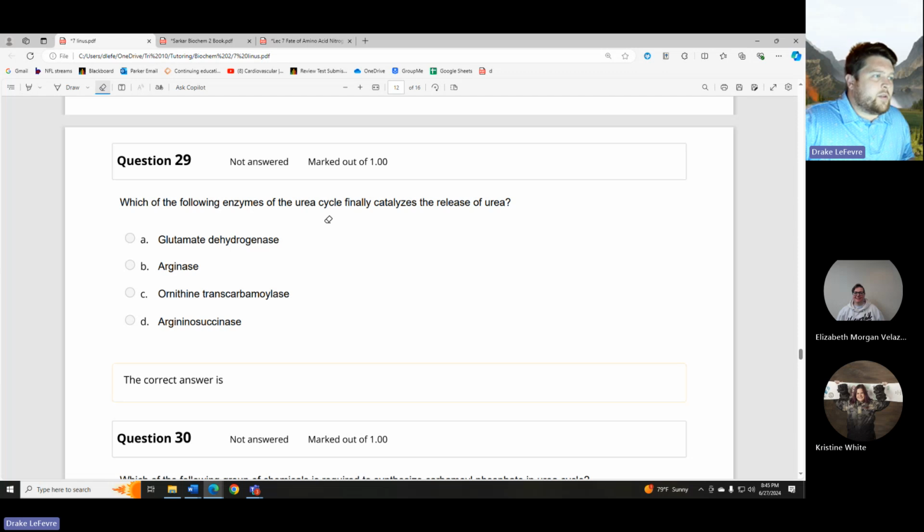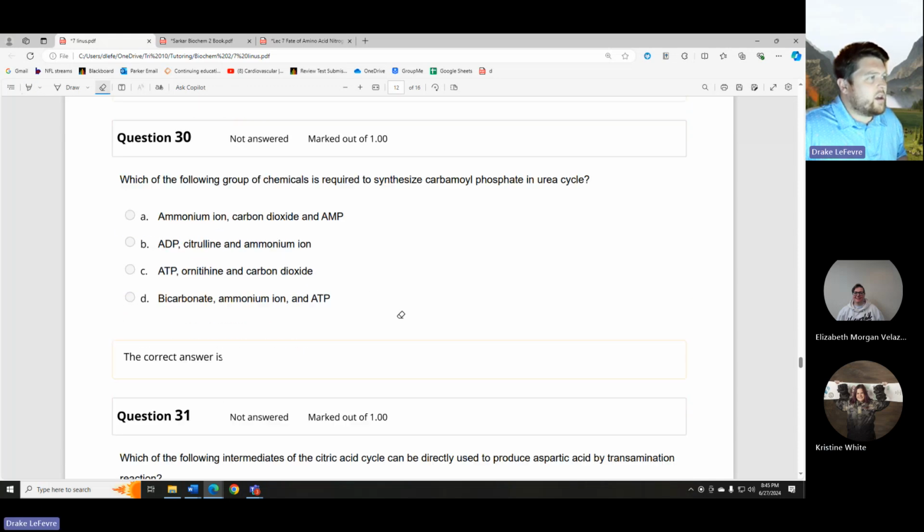Which enzyme in the urea cycle finally catalyzes the release of urea? Arginase. A lot of repeat questions here. Which of the following group of chemicals is required to synthesize carbamoyl phosphate in the urea cycle?